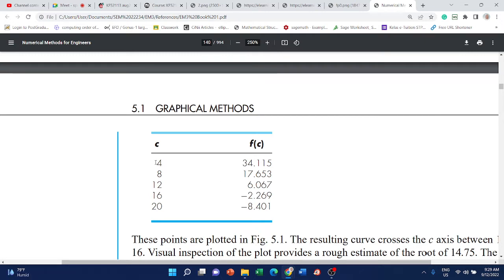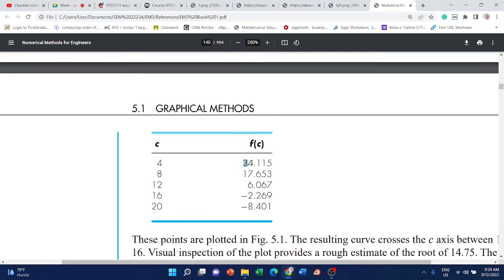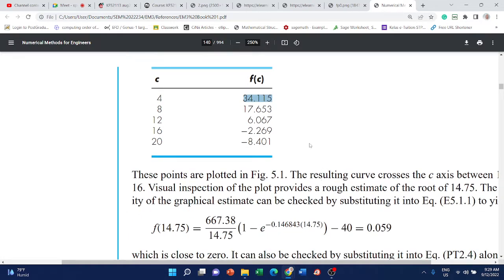You can just substitute c is 4. Put it into this function. So that means 667.38 divided by 4 and then you multiply with the one in the brackets and then minus 40. The answer, correct to three decimal places, is 34.115. You can do the same for the other remaining values of c until 20.